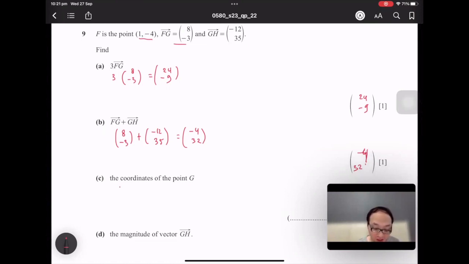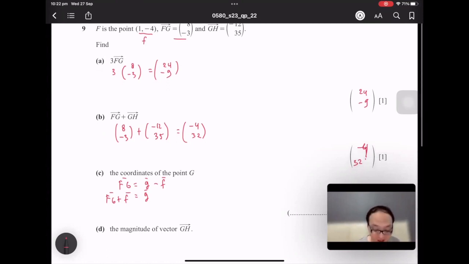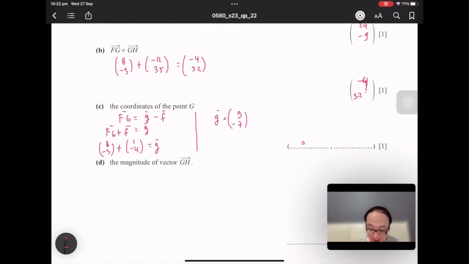We know that FG is the position vector of G minus the position vector of F. So that means the position vector of G is FG plus the position vector of F. This is the position vector of F. So we can just add (8, -3) plus (1, -4). So the result will be G equals (9, -7).